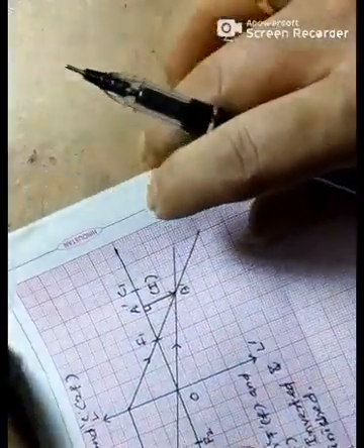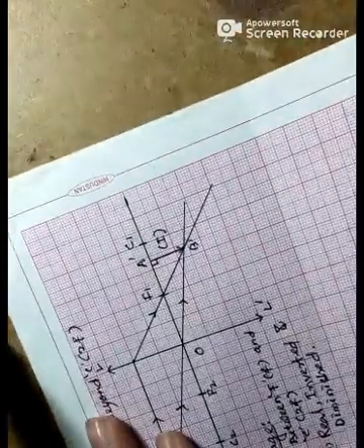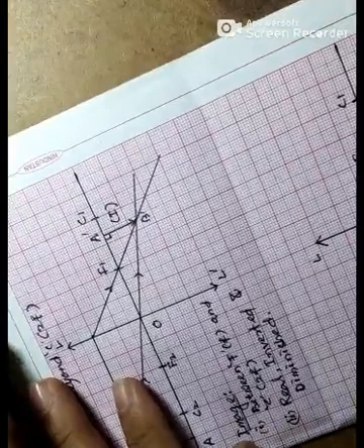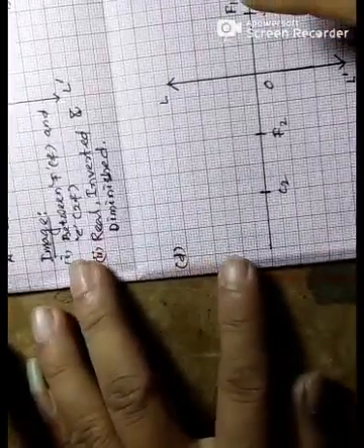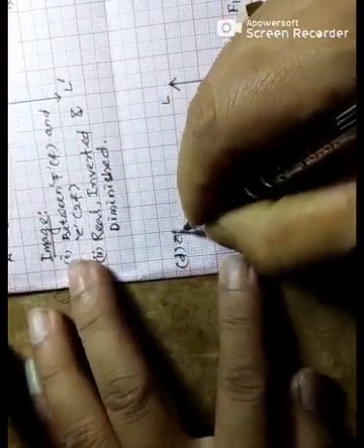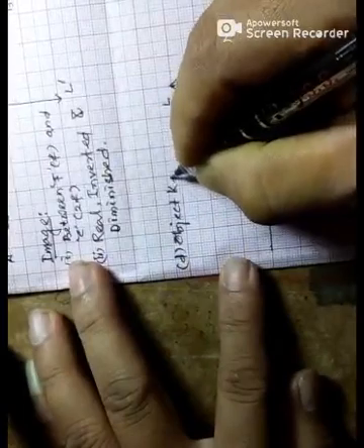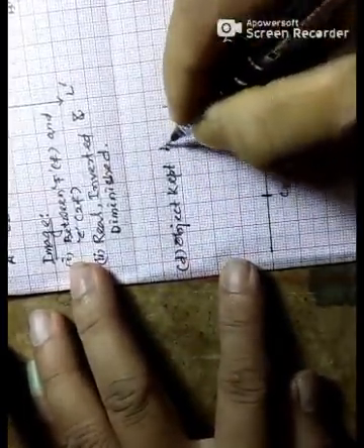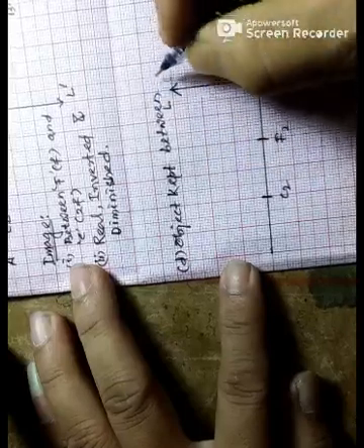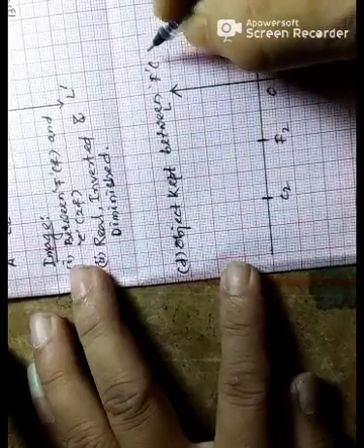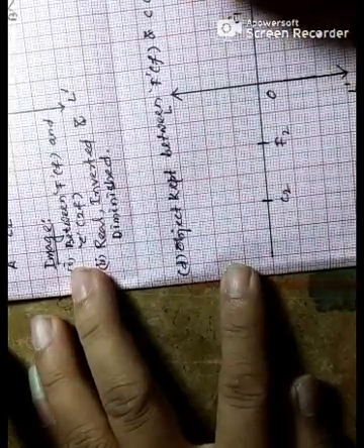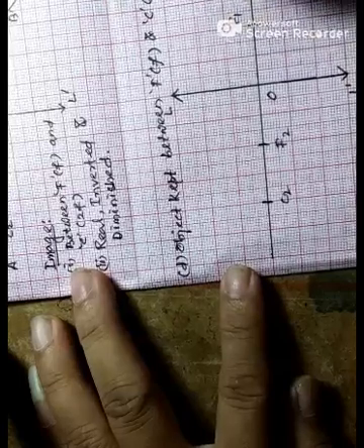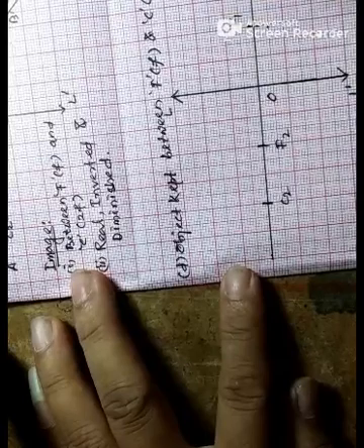The object is kept between F and C, or C and F. So here, for the fourth option, you have to write: object kept between F, the focal length, and C, that means 2F length. You can also write C and F.